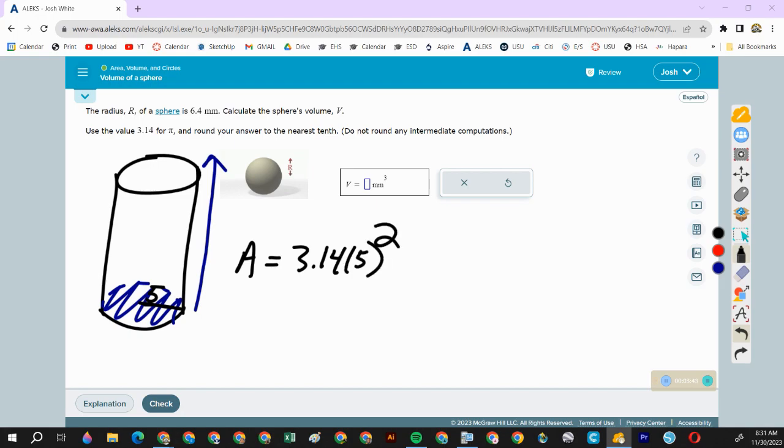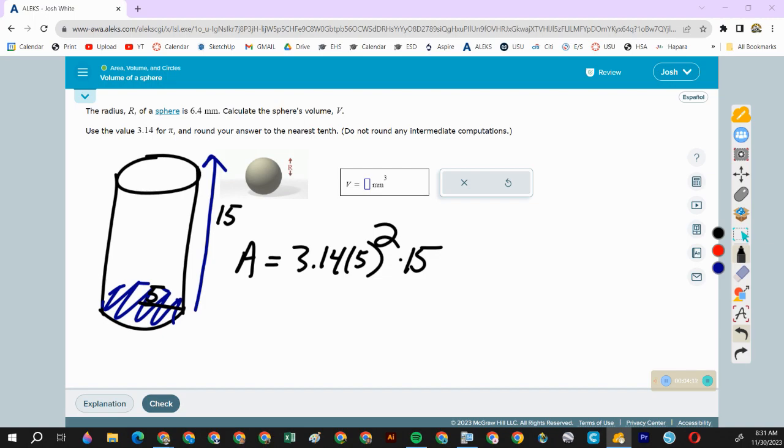That is the area of a circle. And then we just multiply it by the height, 3.14 times 5 squared times 15, and that's going to be a volume. Okay? And that formula works for cylinders, it works for rectangular prisms, it also works for triangular prisms. Find the area of the base and then multiply it by the height.